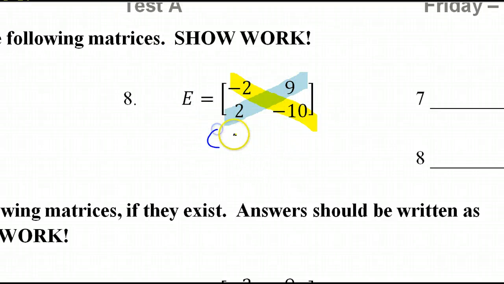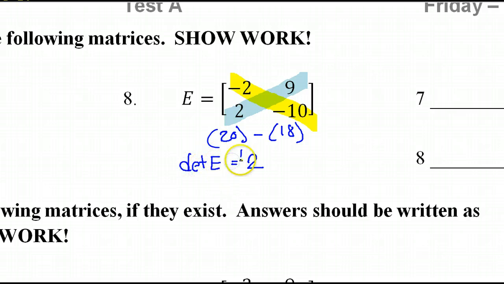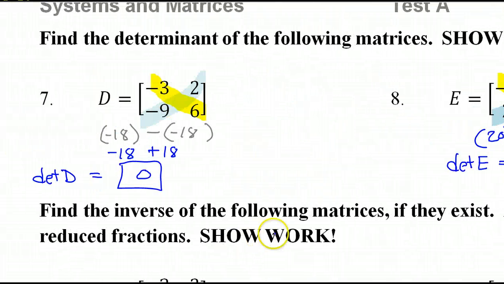Okay, so the down diagonal is 20 minus the up diagonal, which is 18, means that the determinant is 2. Okay, all right, maybe I should put these on the line. So we had 0 and we had 2. Okay, what else we got?